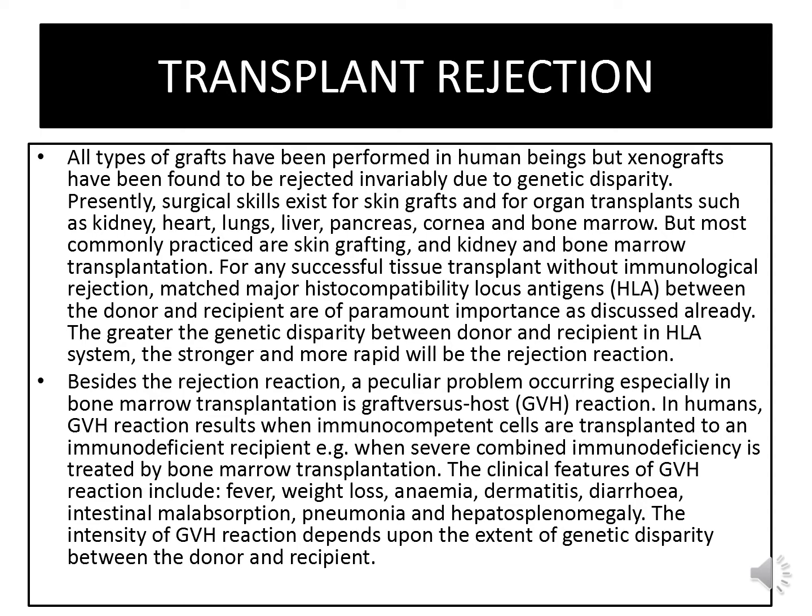The greater the genetic disparity between donor and recipient in HLA system, the stronger and more rapid will be the rejection reaction. Besides the rejection reaction, a peculiar problem occurring especially in bone marrow transplantation is graft versus host reaction.